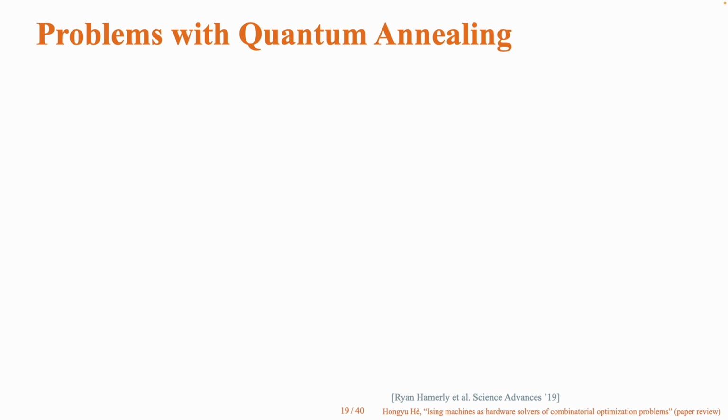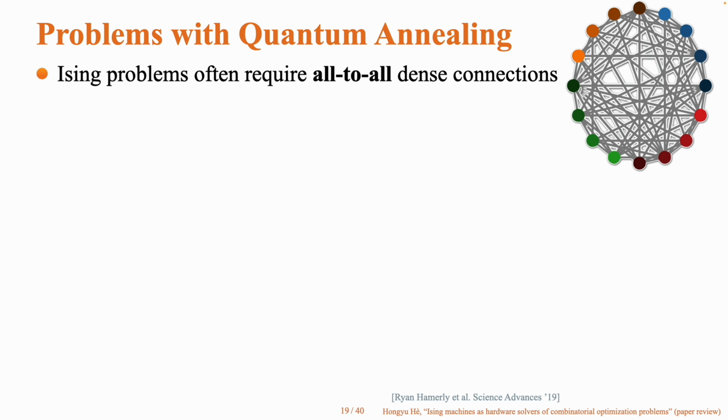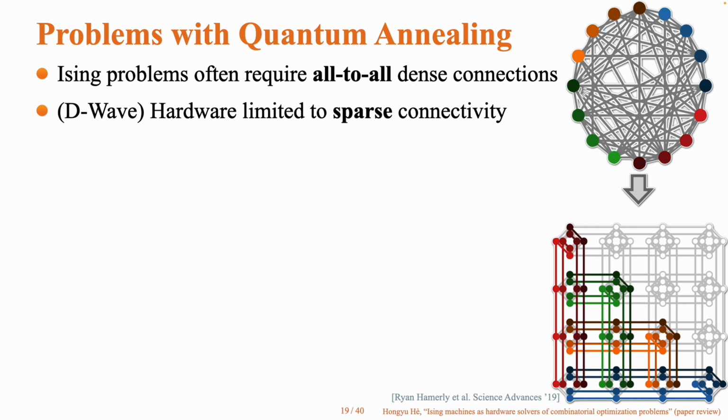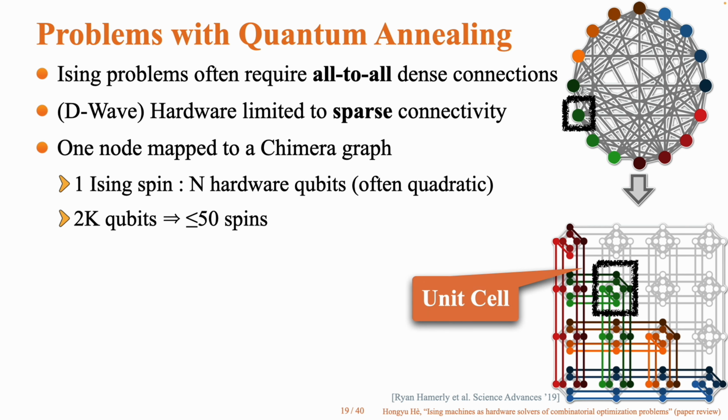But the problem with quantum annealing is that many times we also need dense connections. The hardware implementation restriction is that, for example, D-Wave hardware is really limited to sparse connectivity, which introduces the Chimera graph, like my sweater.